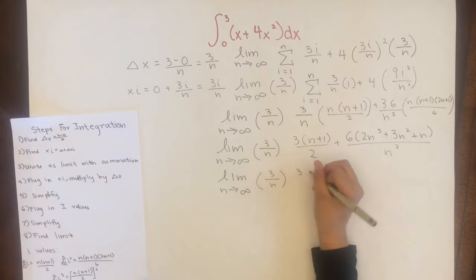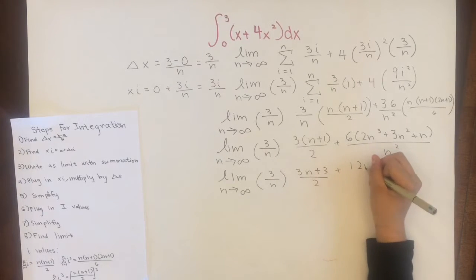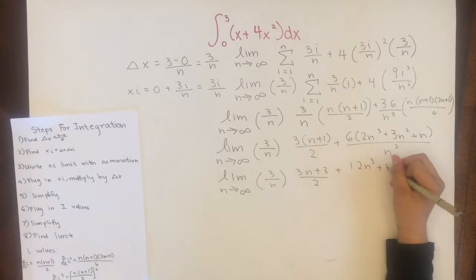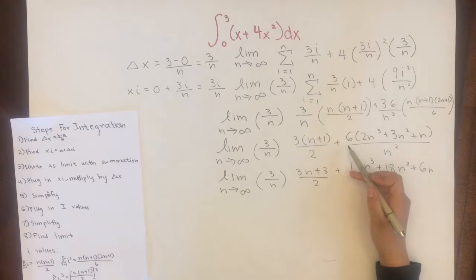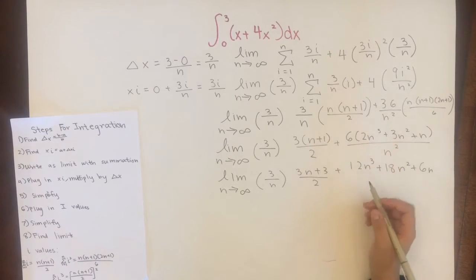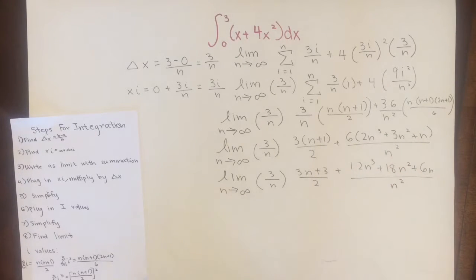And you can do 3n plus 3 over 2 plus 12n cubed plus 18n squared plus 6n. And this is just multiplying the 6 into all these values and then putting it all over n squared.